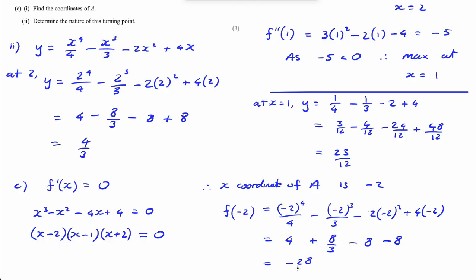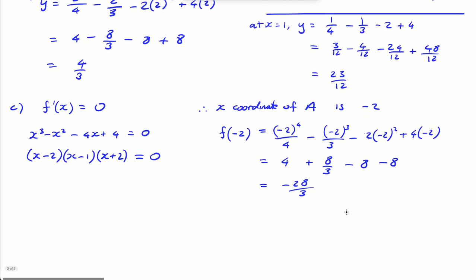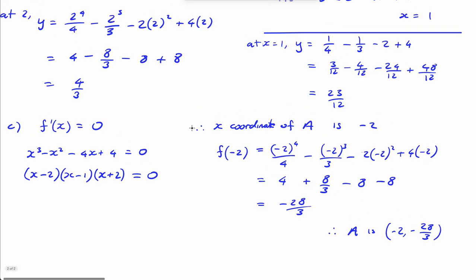So guys, just use your calculator. That is the coordinates of A. Therefore, A is (-2, -28/3).